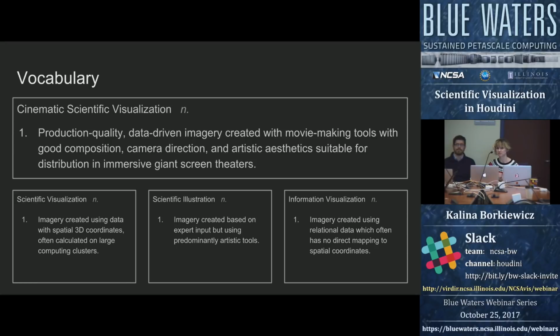And typically not much emphasis is placed on things like camera choreography or coloring or other aesthetic artistic elements. Scientific illustration, on the other hand, tends to be more cinematic but is not data-driven, and it's created by artists. And finally, information visualization is a different type of viz altogether, which is based on 2D data or data without spatial coordinates, such as networks or graphs.